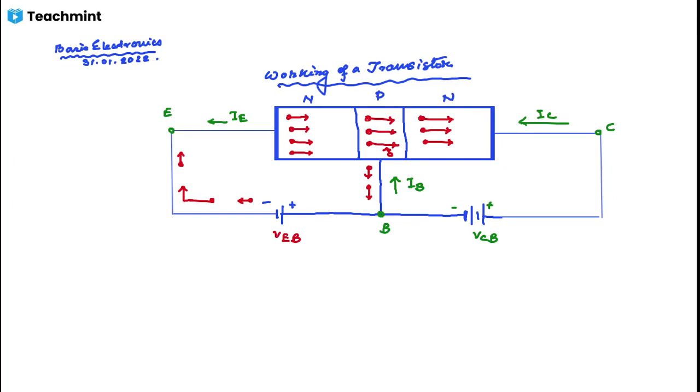This is the flow of electrons here in the collector terminal. This is denoted by electrons. And this is denoted by holes.